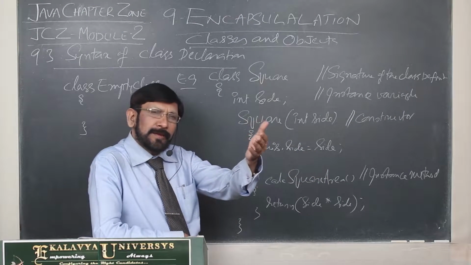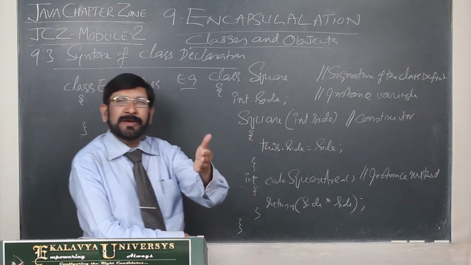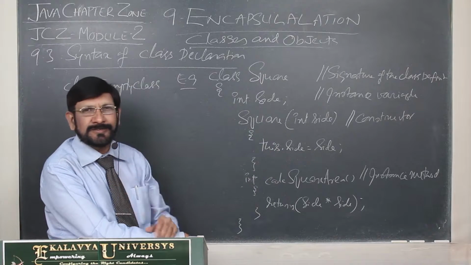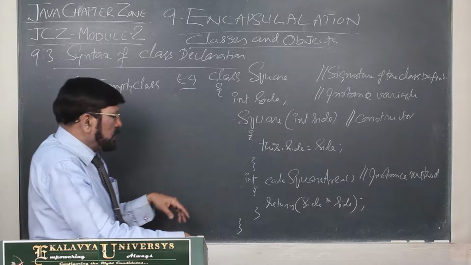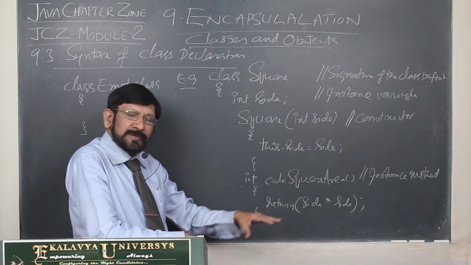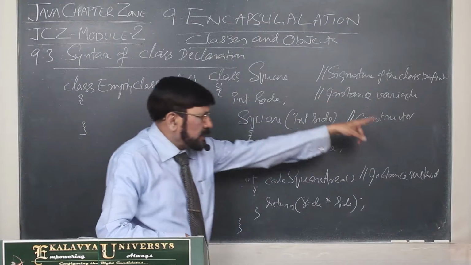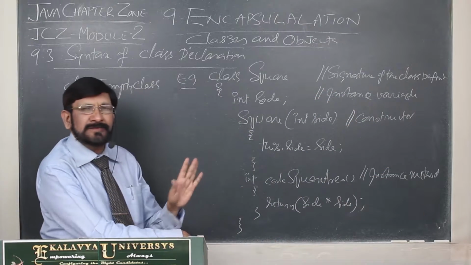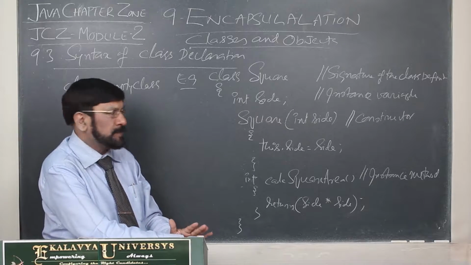That's why we have to explicitly pass the data through functions. And in object oriented programming, data as well as methods are together, integrated or encapsulated as a single entity with a single identifiable name. Already explained to you.